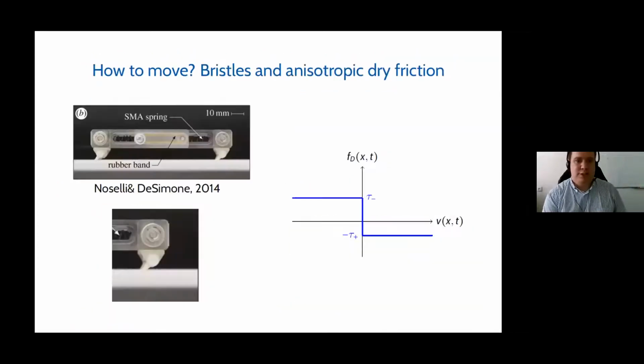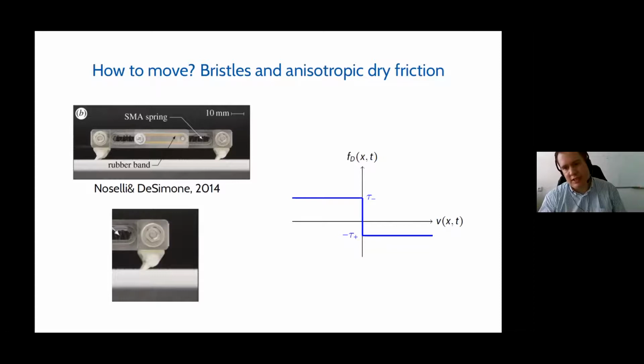Maybe more interesting for the modeling part are the second and the third one. So you saw also before, you can build models with just one link. And in this case, clearly just expansion and contraction is not sufficient. So in these cases, you can do two things. One is to produce an anisotropic friction.